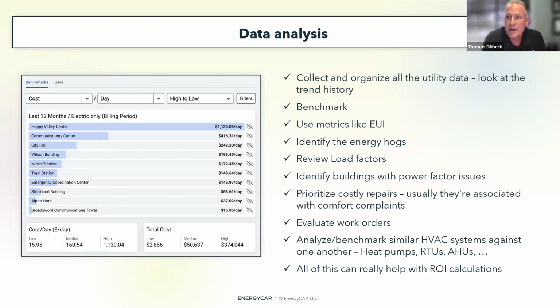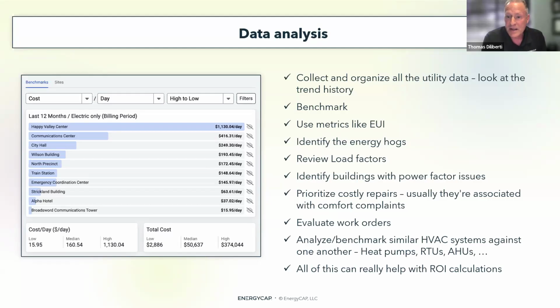Find the heat pump building that's performing poorly relative to its peers. Compare the buildings that have rooftops or buildings that are all on a chiller plant, or suppose you have a system that feeds the entire campus. Look at different scenarios, benchmark your buildings in different ways, and really scrub the data to analyze and find where the opportunities lie. Other things that I would suggest is evaluate work orders.